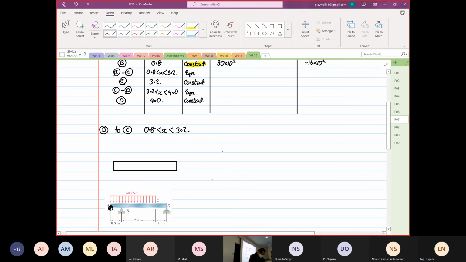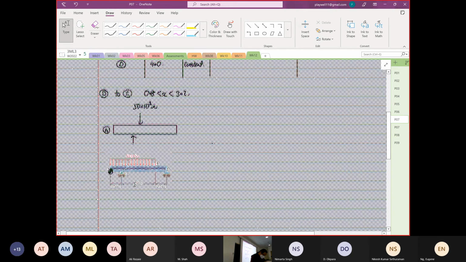Okay. So this is still 50 times 10 to the power 3 multiplied by x. This is where your point A is, right? And then at your point B, we have a force down here running at 120.